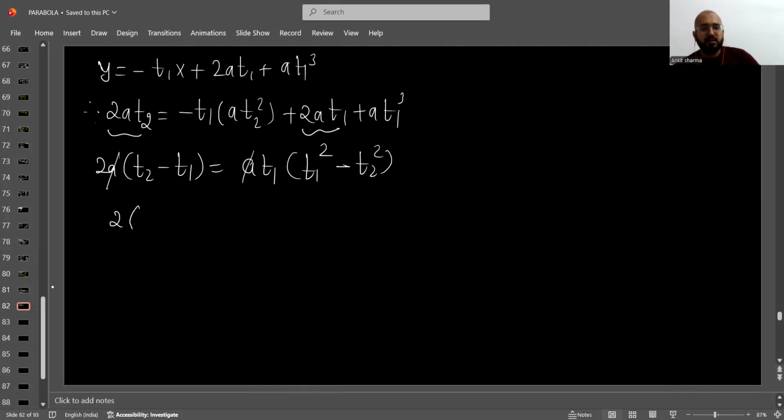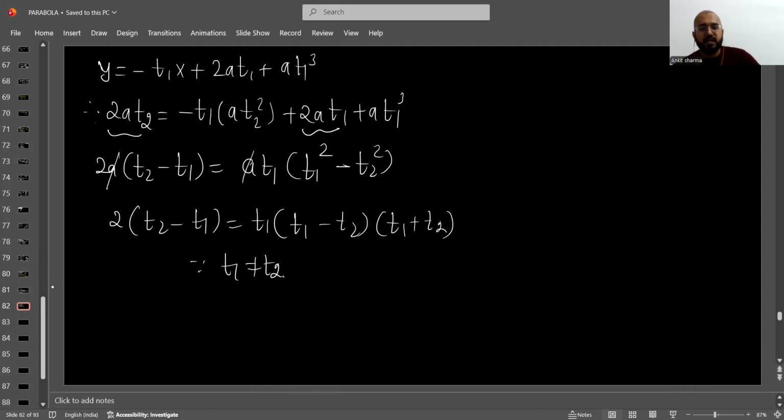So 2 times t2 minus t1 is equal to t1 into, we can open this, t1 minus t2 into t1 plus t2. Now since t1 is not equal to t2, I can cancel these two, leaving one minus outside. So this gives me minus 2 over t1 is equal to t1 plus t2.